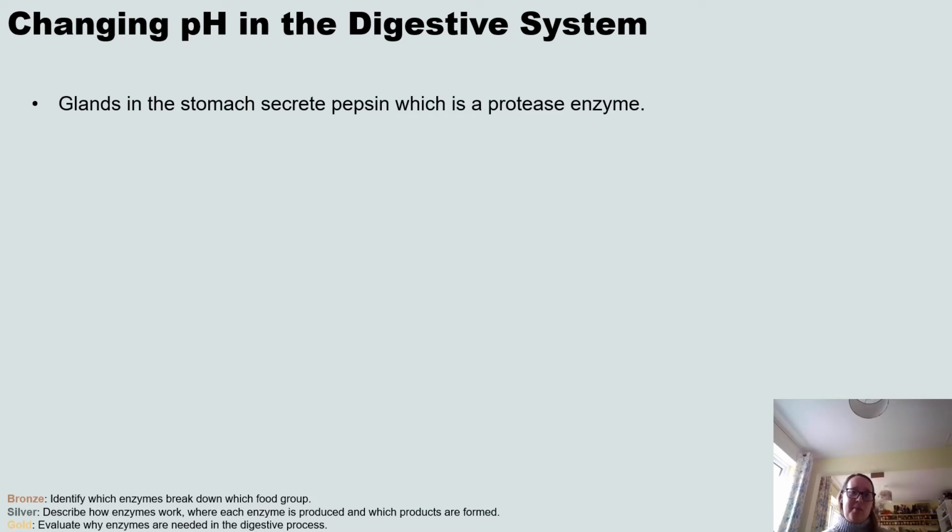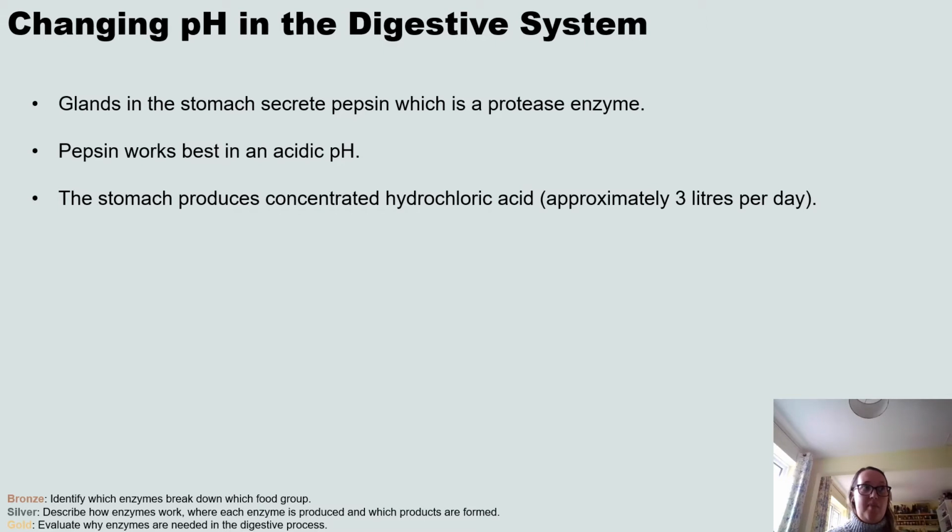So the glands in the stomach secrete pepsin, which is a protease enzyme. Pepsin works best at an acidic pH because the stomach is pH 1 to 2, and the stomach produces concentrated hydrochloric acid, and we make around 3 litres a day, which is quite a lot of hydrochloric acid.